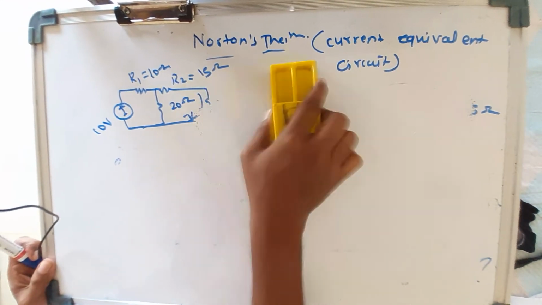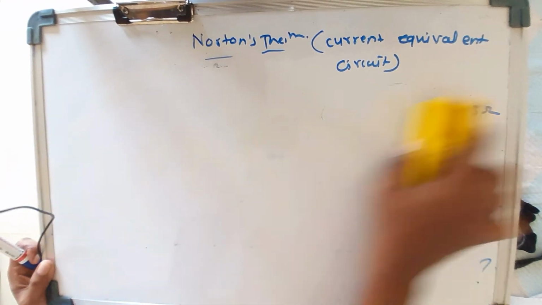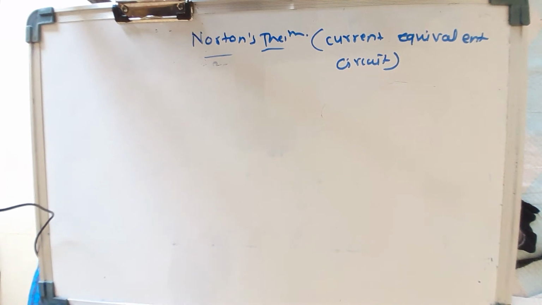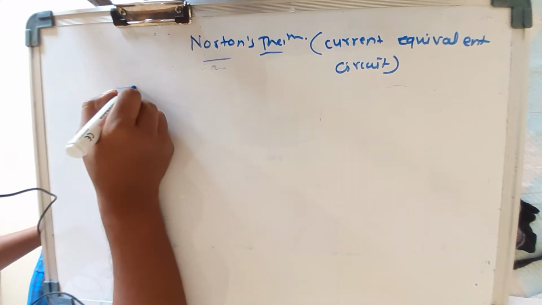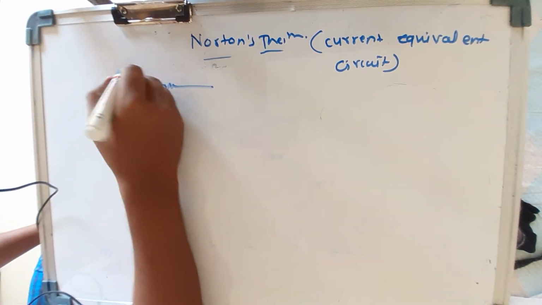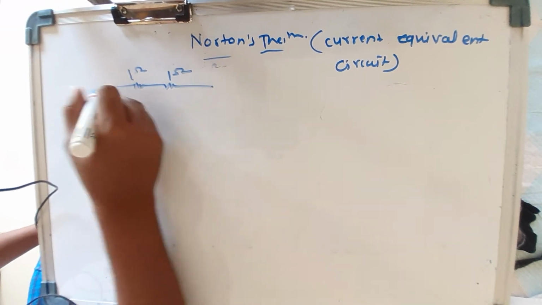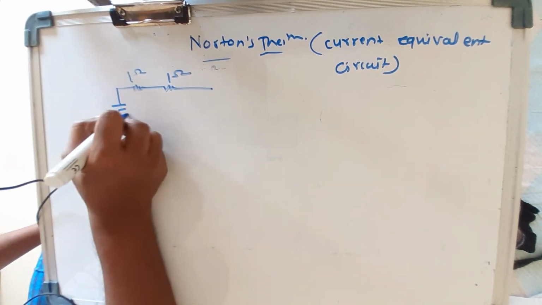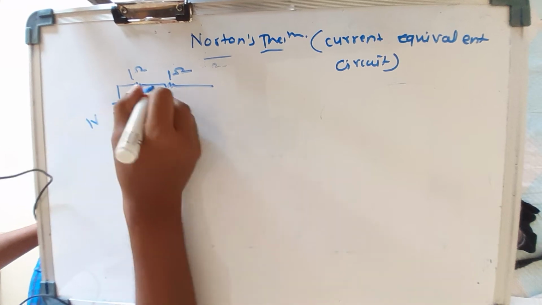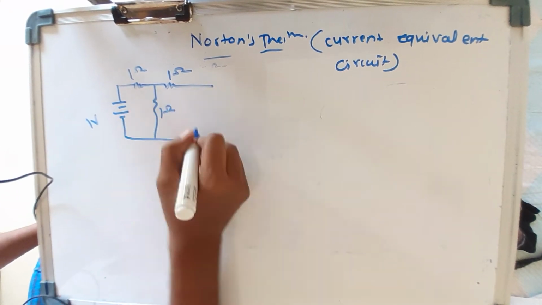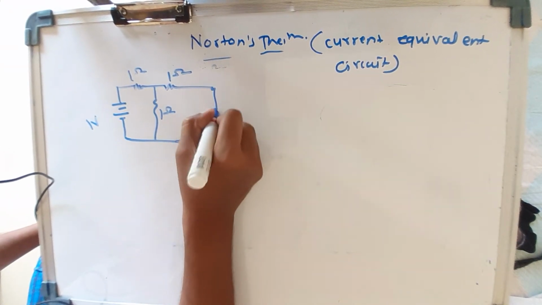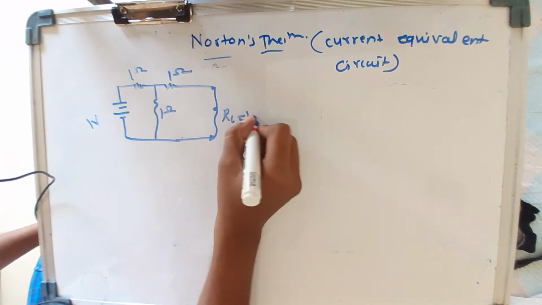Now we will go to the next steps. For this one I will take a simple example: 1 ohm, 1 ohm, 1 volt, 1 ohm, R_L equal to 1 ohm.